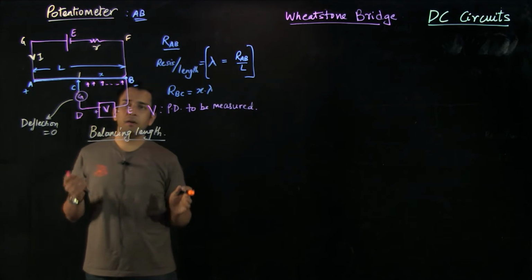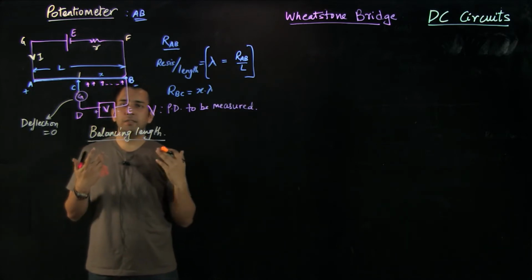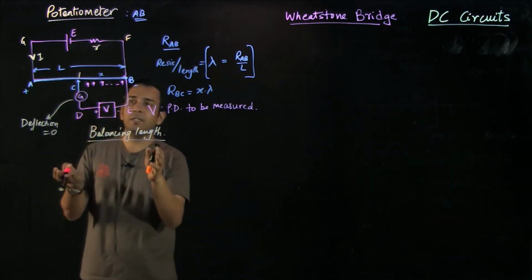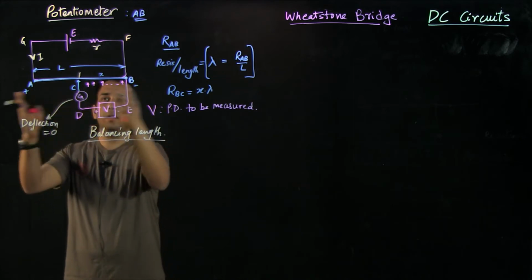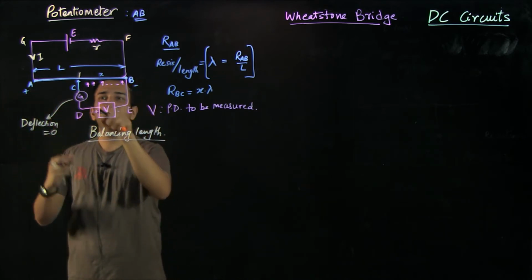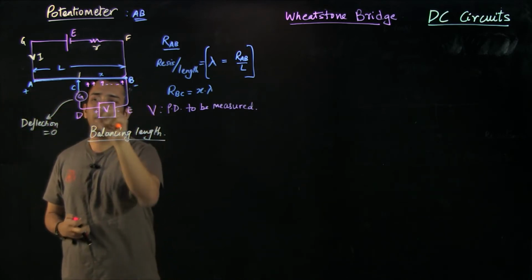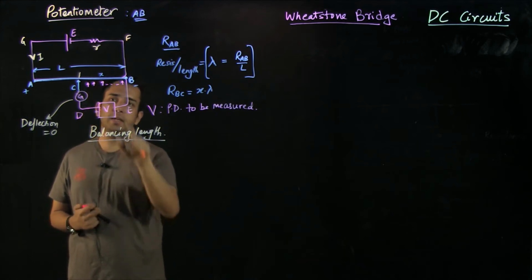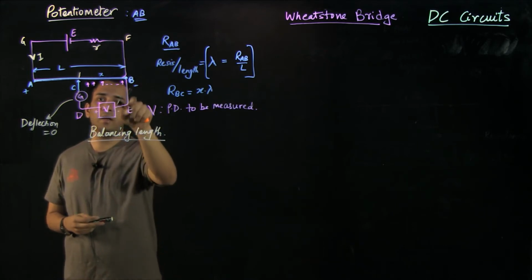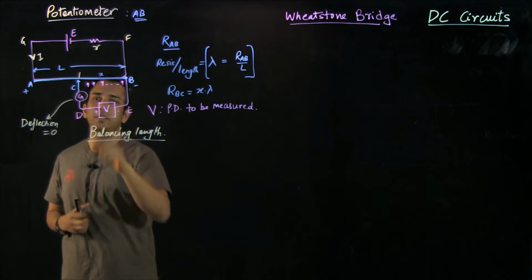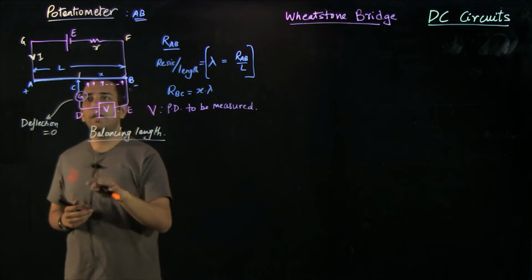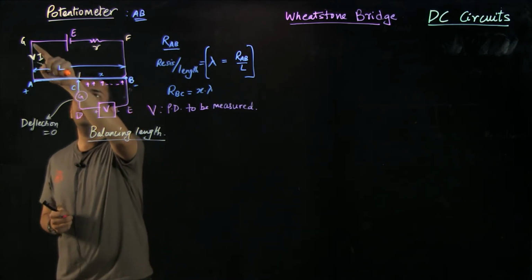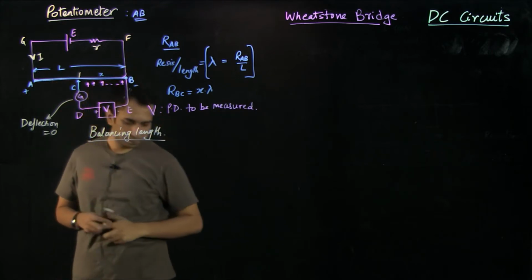The property of the balancing point is that the position of the pointer is such that the deflection of the galvanometer is 0, which indicates that the current in the circuit BEDC is 0, and the only current flowing is the current in GABF.